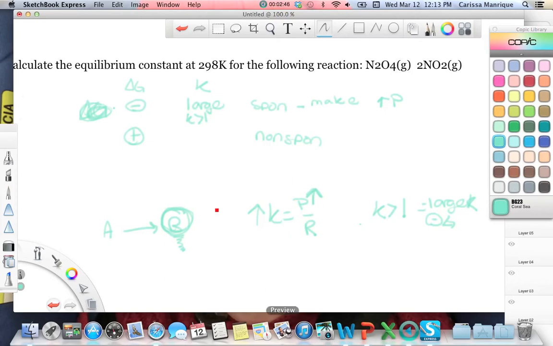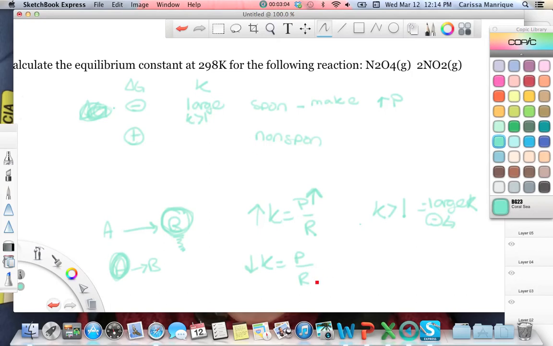But if K is small, putting product over reactant, we didn't make a lot of product. We're looking at A going to B, and it mainly stayed right here as reactant. The reaction didn't really go, so it's not spontaneous.